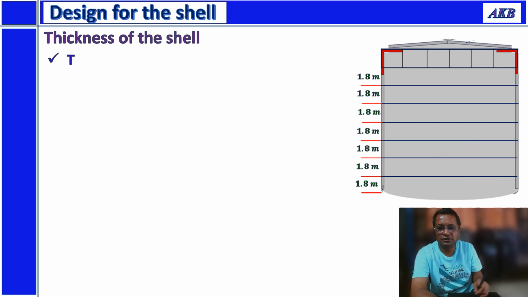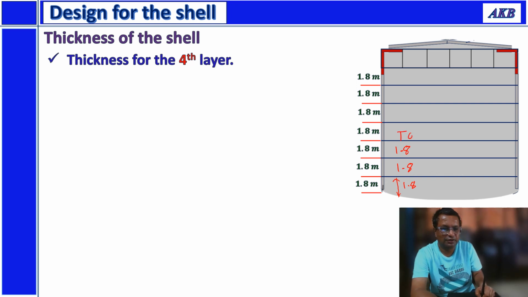Okay. Now let us do calculations for the fourth layer. So you are calculating thickness for the fourth layer. The total height involved will be 1.8, 1.8, 1.8, and for the fourth layer you have to consider the distance of 0.3 meter.